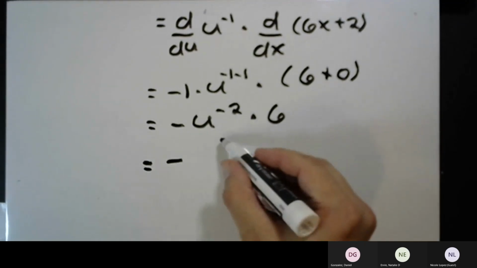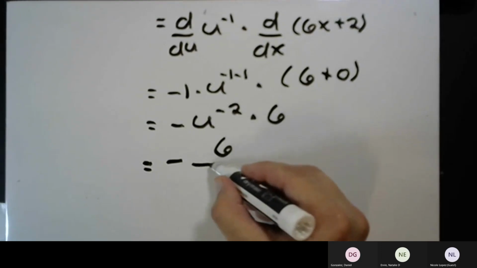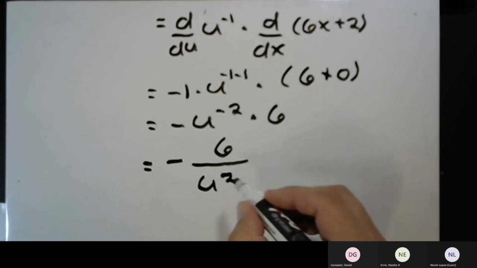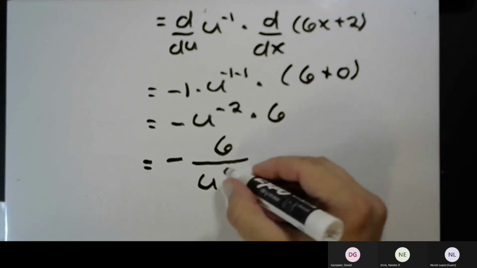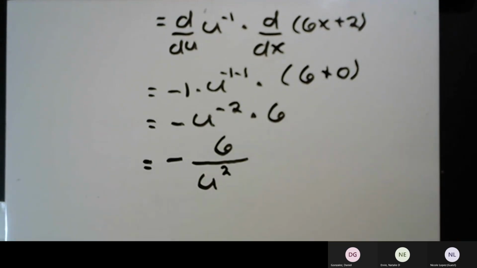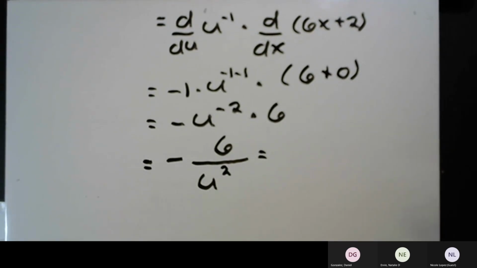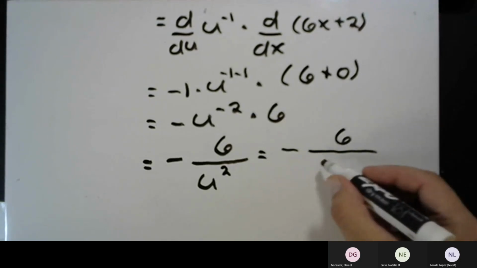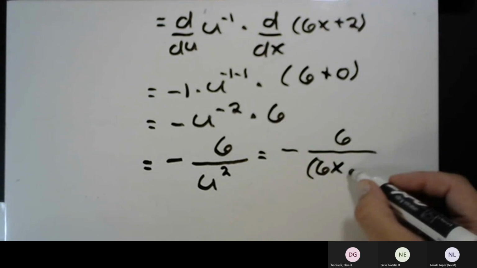Or negative, then we have the negative here, the 6 is going to go on top, and we want to avoid negative exponents, so we'll put the u squared like this. Here, let me write that a little differently. We've got u squared. And then we replace u with the x expression, 6x plus 2.